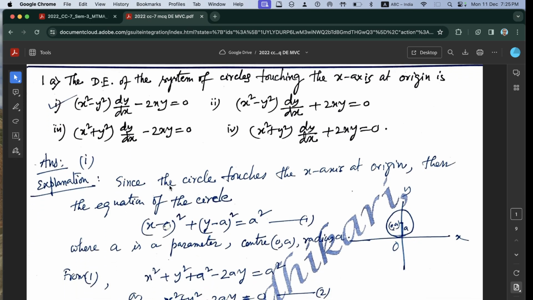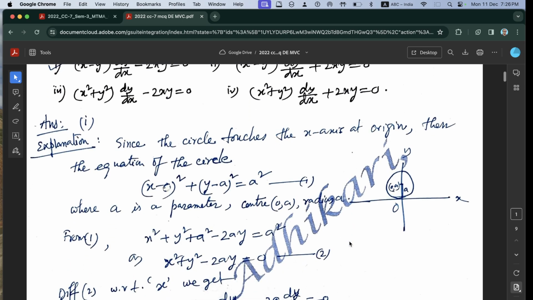Now, since the circle touches the x-axis at the origin, this is the circle, this is the x-axis, this is the y-axis, origin. The equation of the circle is (x minus 0) whole square plus (y minus a) whole square equal to a square, where a is a parameter, center (0, a) and radius a.